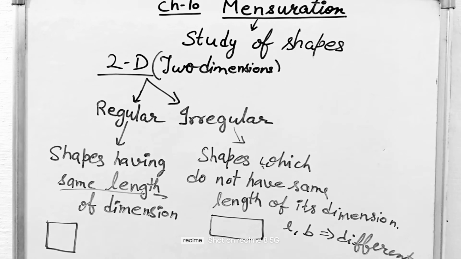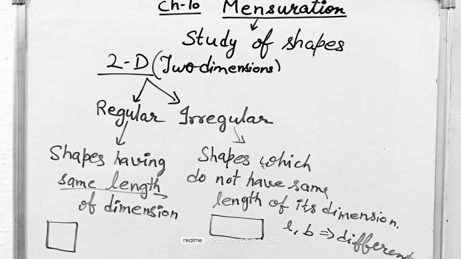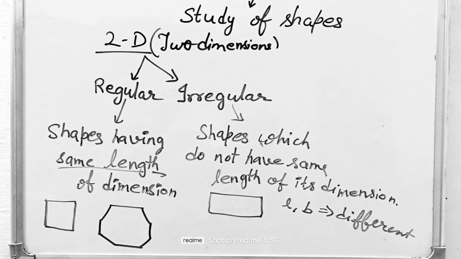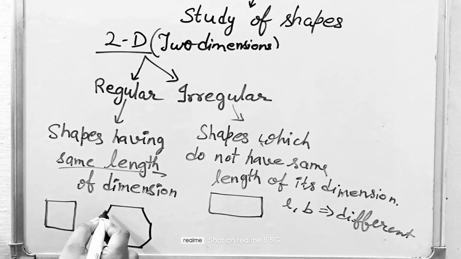So whenever you are asked about regular shape, that means that shape is having same length of all of its sides. Doesn't matter whatever be the shapes. For example, you can be given this is an octagon, and if it is said that it is regular in shape, that means these all 8 sides will be equal in length.